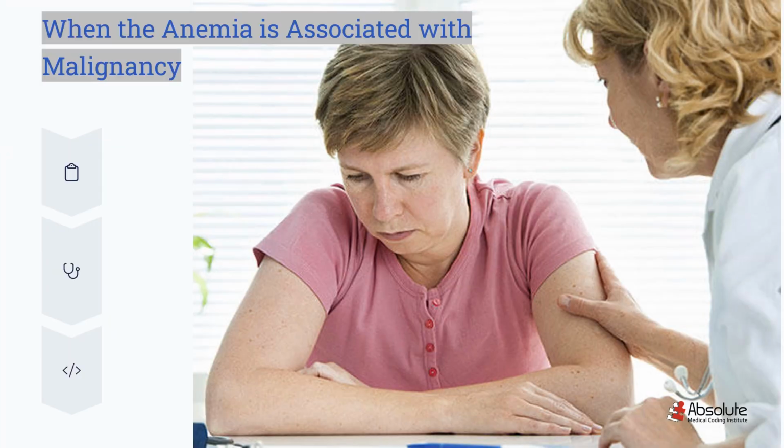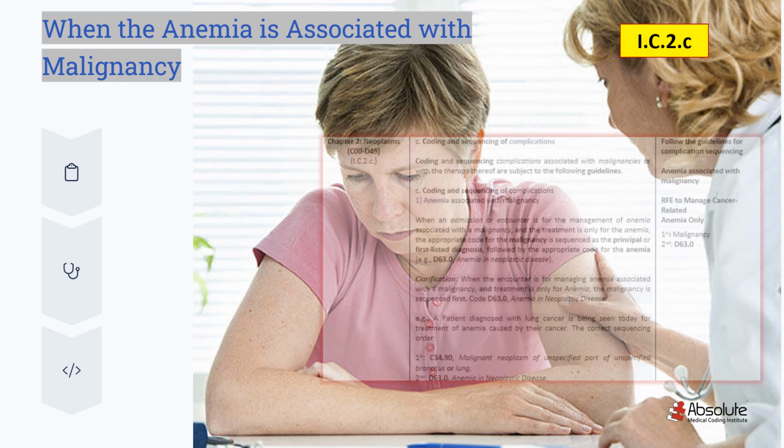Sometimes cancer patients develop anemia, and this could make their red blood count compromised or low. And when that happens, they come in for treatment. Treatments like iron therapy or even blood transfusions. When that's the case, you're going to reference guideline I.C.2.c.